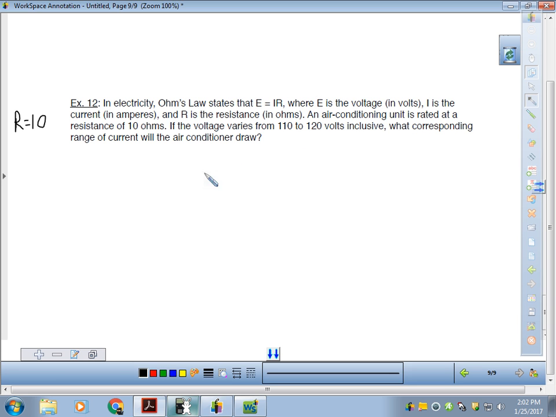Okay, well, voltage is E, so they're telling us that our E varies from 110 to 120 inclusive, which means that we do include those endpoints. So we have this expression, 110 has to be less than or equal to E, has to be less than or equal to 120. So E is between 110 and 120.